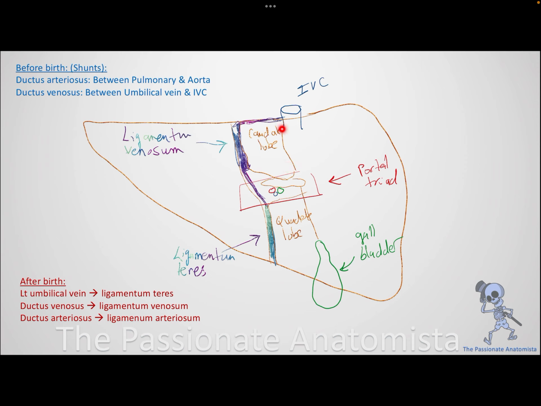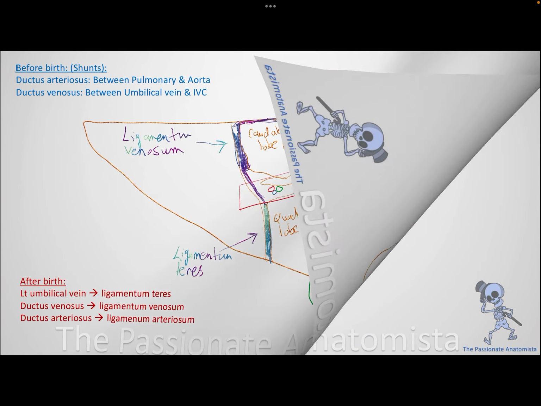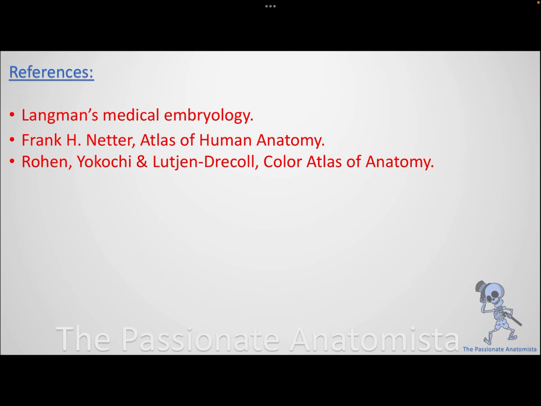So parallel to that would be the ligamentum venosum, because that was the shunt between the umbilical vein and the inferior vena cava. So this is just a text that would help you to know the shunts before birth and what we have after birth. I hope you guys grasped that concept.